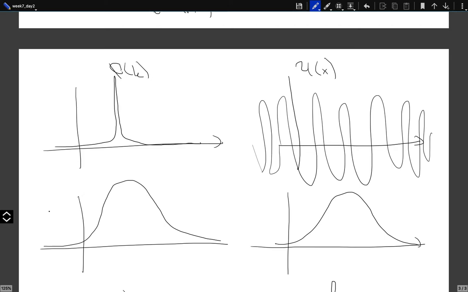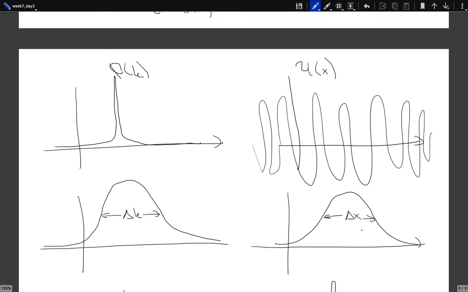You see, you can say that this is the uncertainty in k, and this is the uncertainty in x, meaning that if you measure the position of this particle, you most probably will measure some position within this range.